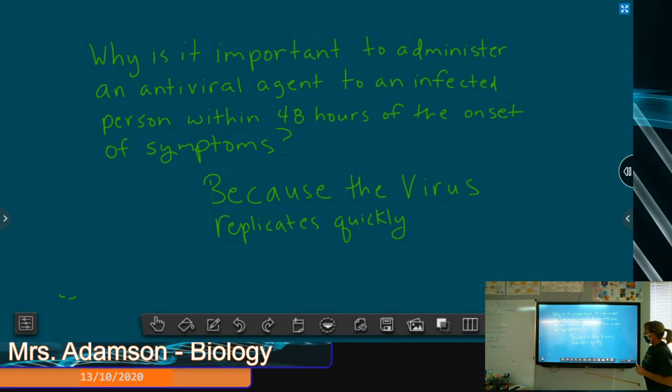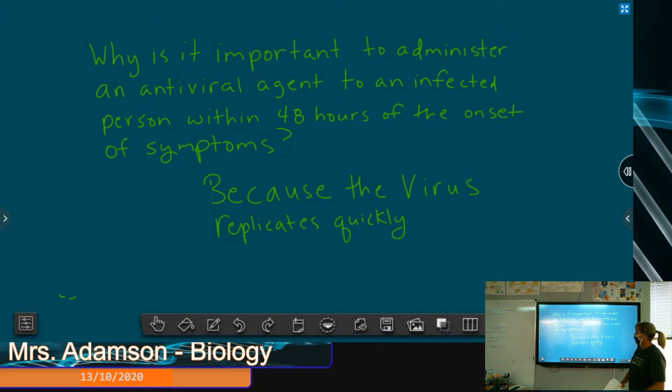Why is it important to administer an antiviral agent to an infected person within 48 hours of the onset of symptoms? Well, antivirals get in and they affect the replication. You're not going to kill a virus, because anything that would kill a virus would kill the host.